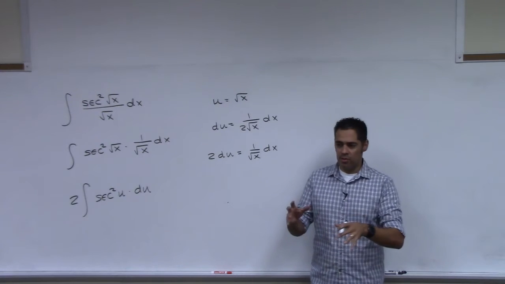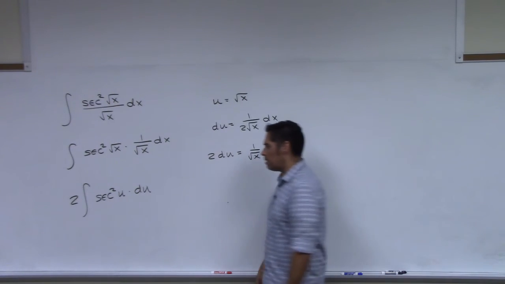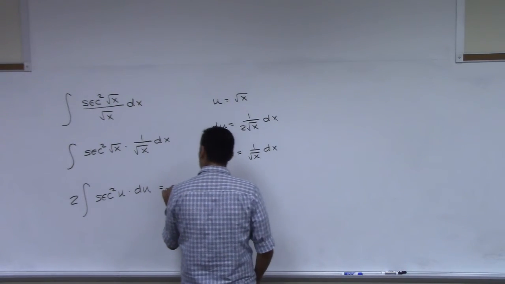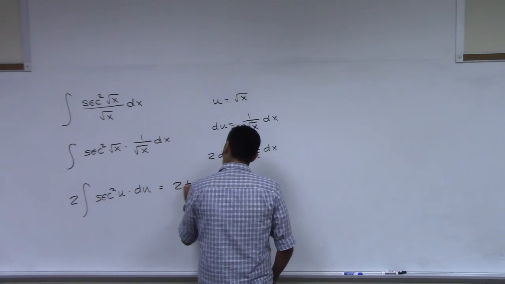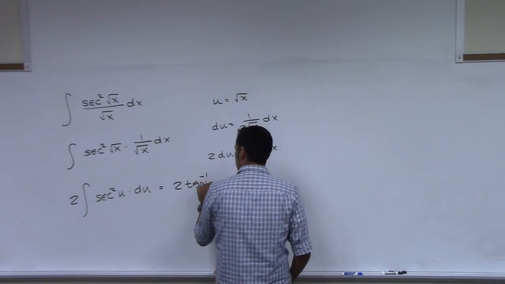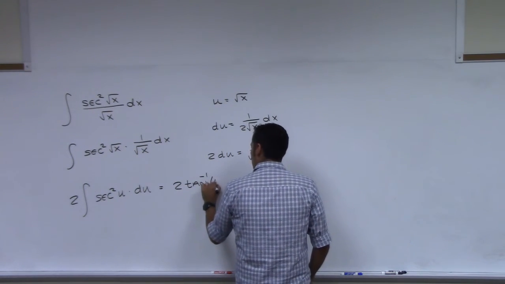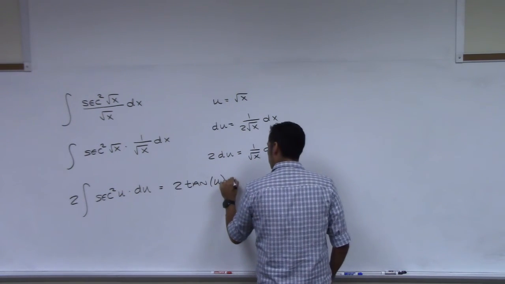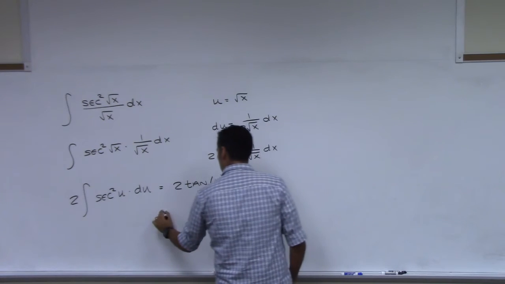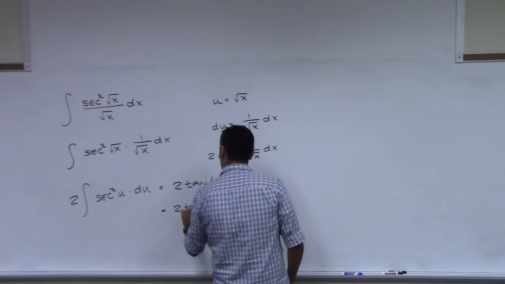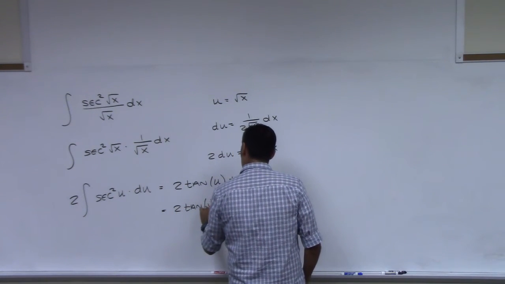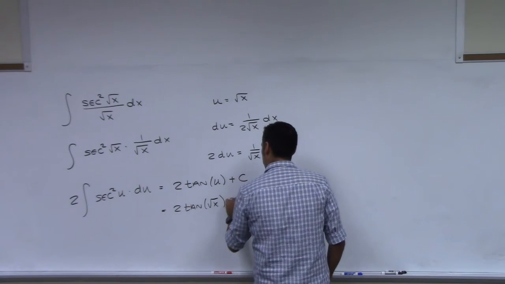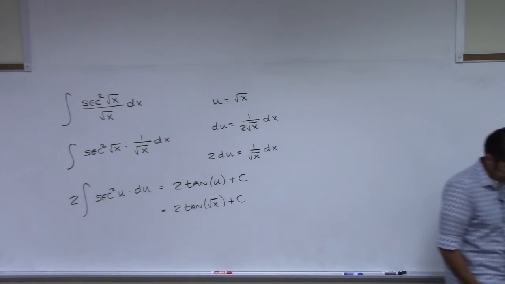So it's like 2 things in one, and it can become a little problematic. But I would venture to say fun at the same time. Wait, what am I doing, arctangent? What am I doing? Tangent u plus c, which is 2 tan root x plus c. Awesome.